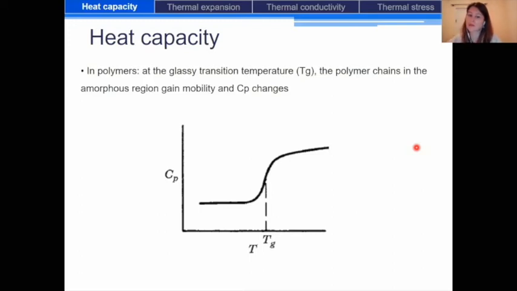It is something that we observe with a specific technique called differential scanning calorimetry. It is possible to determine the value of the heat capacity of a polymer below and above its Tg.